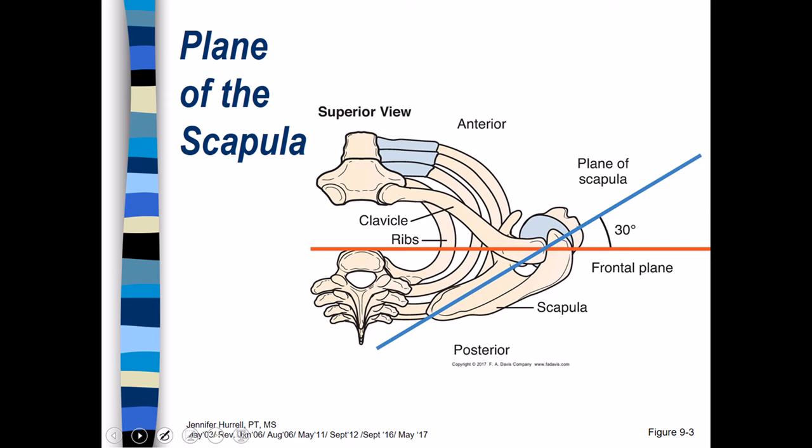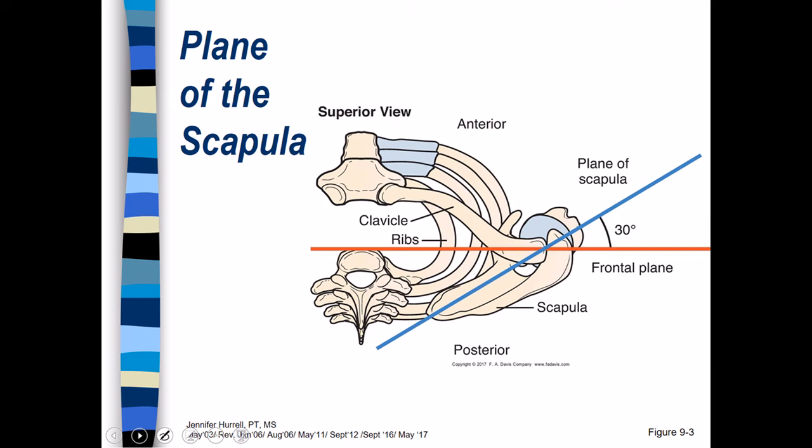It wants to move in its natural plane of the scapula, which is 30 degrees forward of the frontal plane. So if I pick someone out in the hallway and said, we're doing a little kinesiology experiment here, raise your arms up over your head, they're going to naturally select the plane of the scapula to raise their arms over the head.